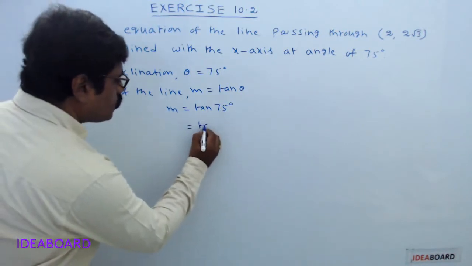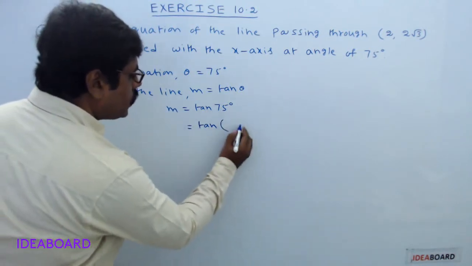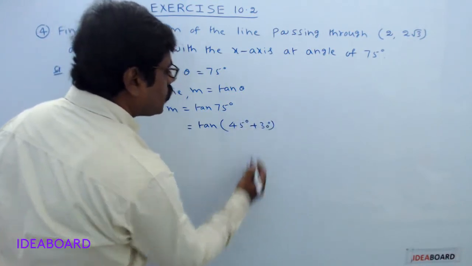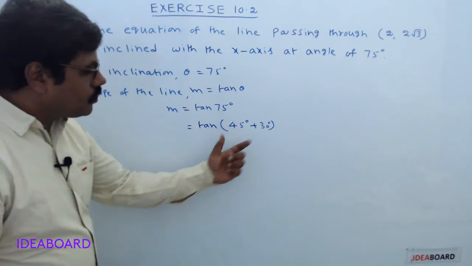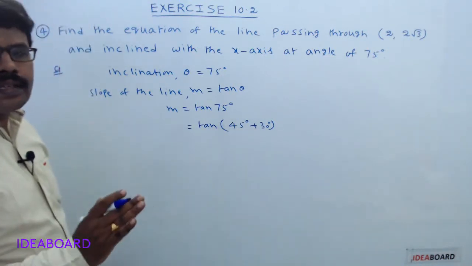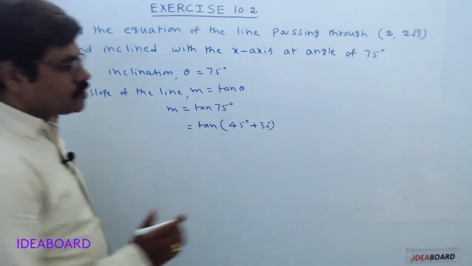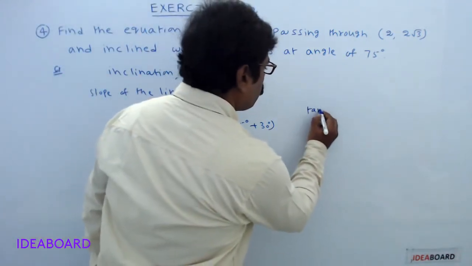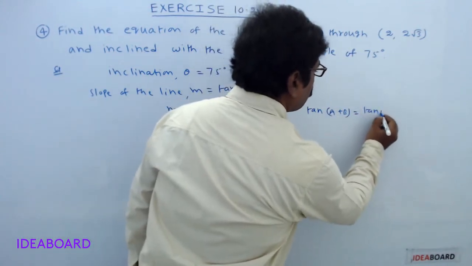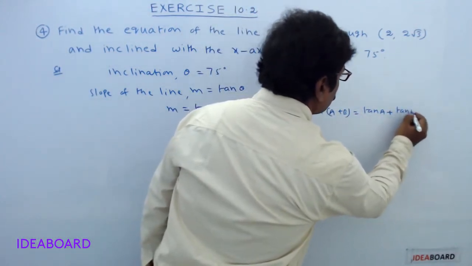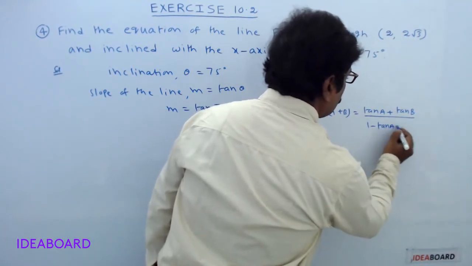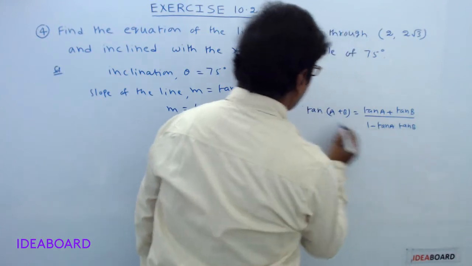Now tan 75 degrees can be taken as tan of 45 degrees plus 30 degrees. It is of the form tan of (a plus b). What is the formula for tan of (a plus b)? tan(a plus b) equals (tan a plus tan b) divided by (1 minus tan a tan b).